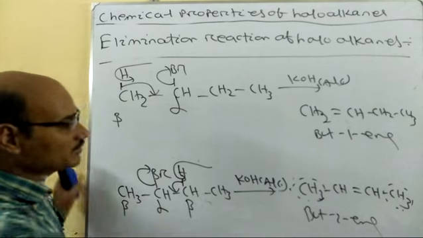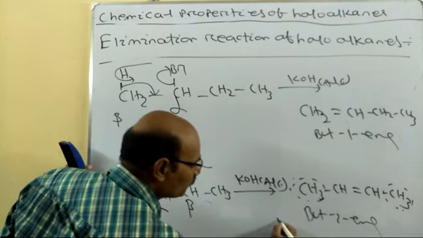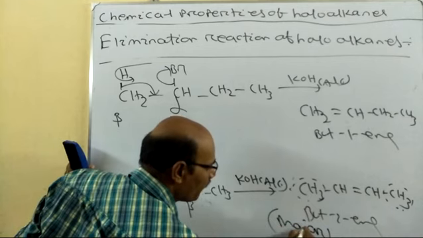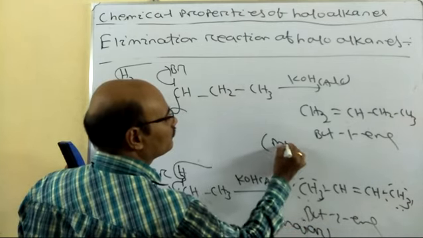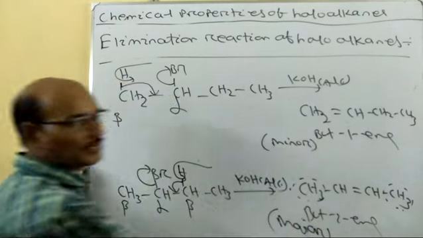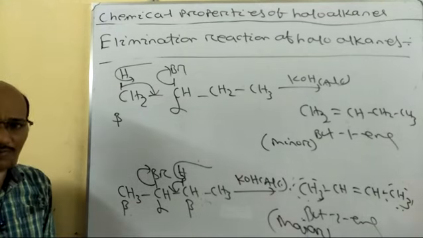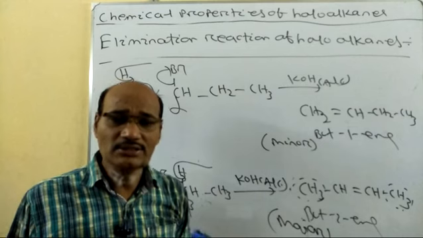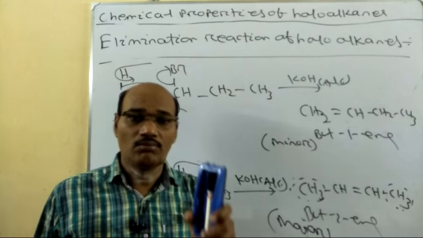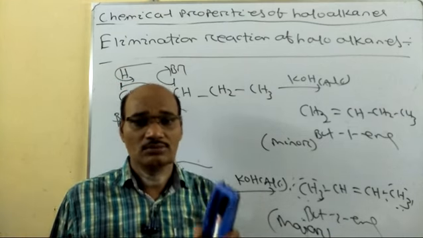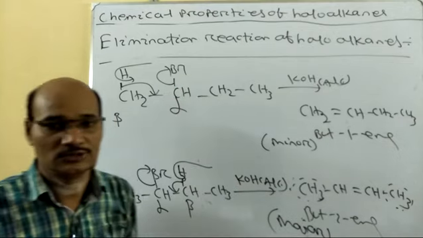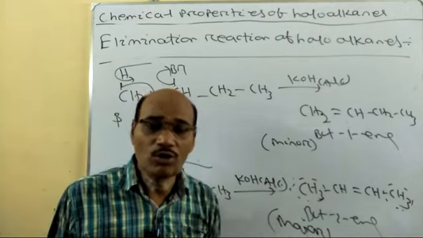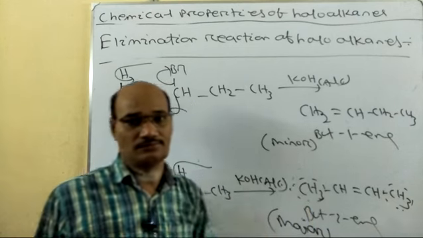So this I will take as the major product, and this I will take as the minor product. So what is the conclusion? Alkenes with more substitution are more stable because they can undergo hyperconjugation and more resonating structures can be written.